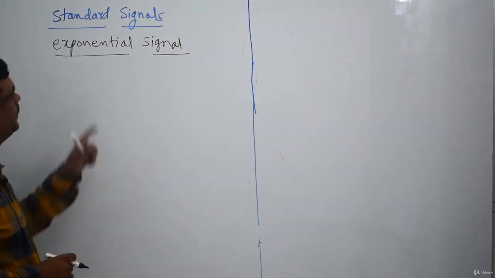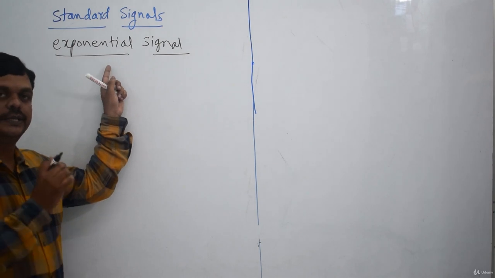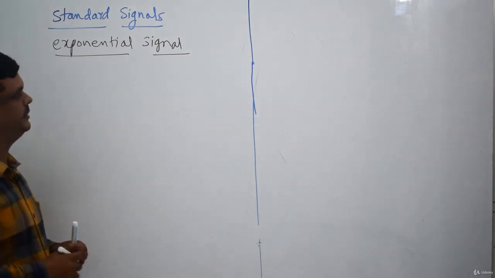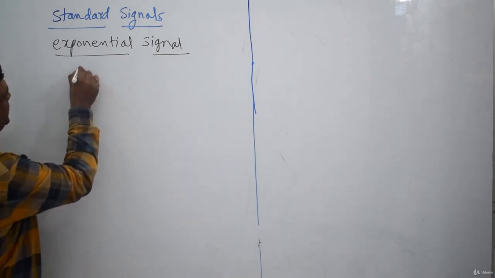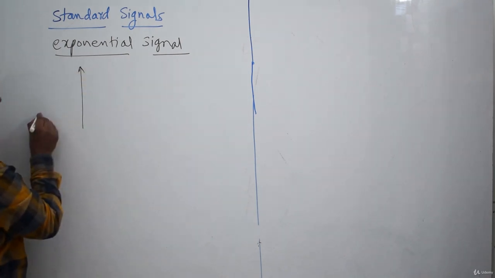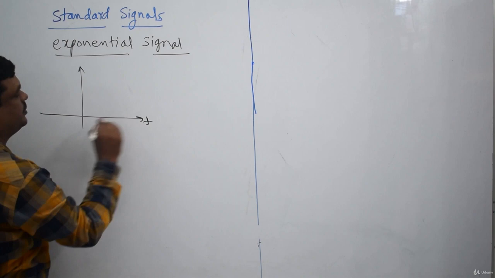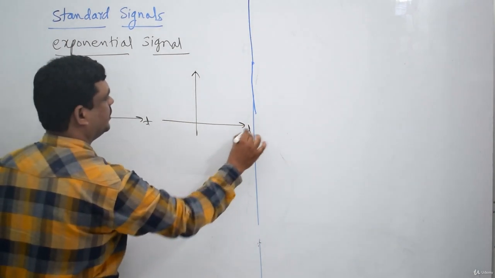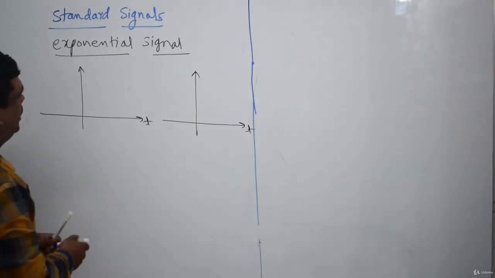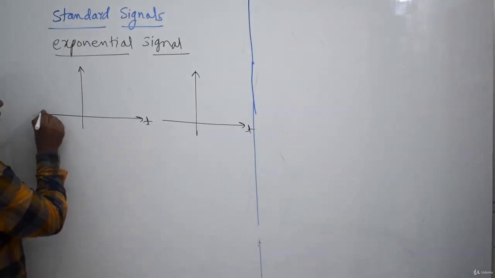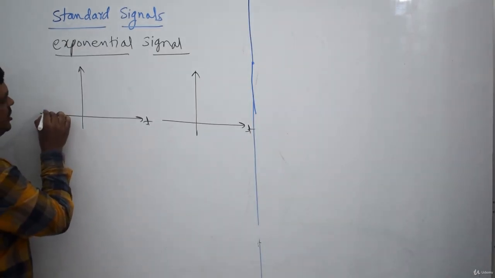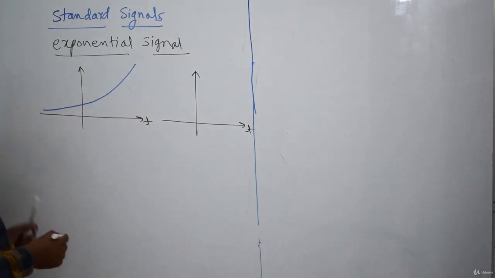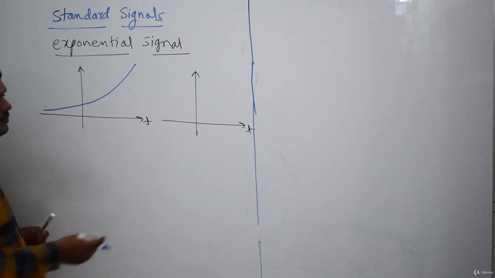Exponential signal. The name explains it: this signal varies exponentially, it increases or decreases. Two types of representations are there, with respect to time axis. Now the function is changing with respect to time, exponentially increasing. This is an exponentially increasing function.